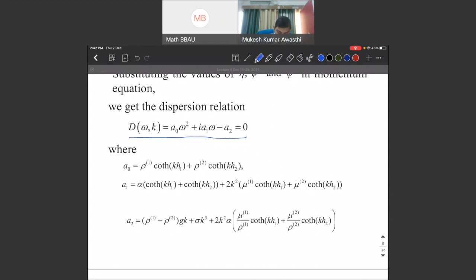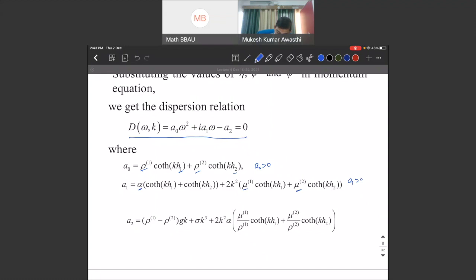Here we know that h1 and h2 both are positive, rho 1 and rho 2 both are positive, so a naught will always be positive. Then alpha is always a positive heat transfer coefficient, and mu1 and mu2 are always positive, so in that case a1 is also positive.